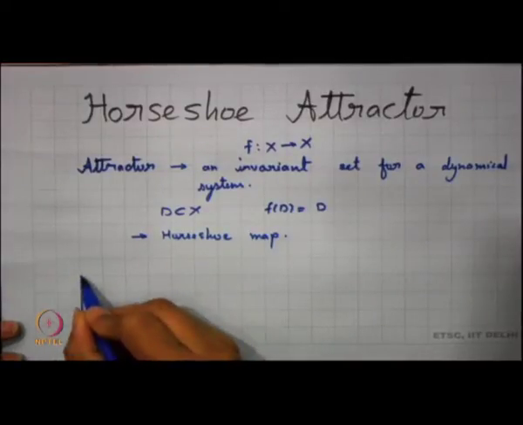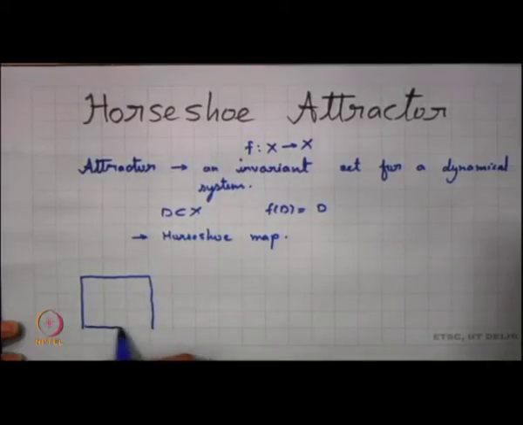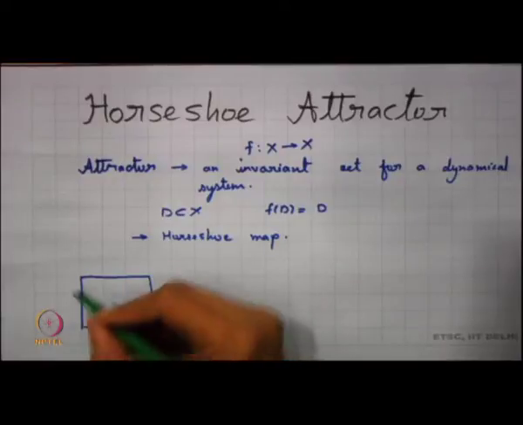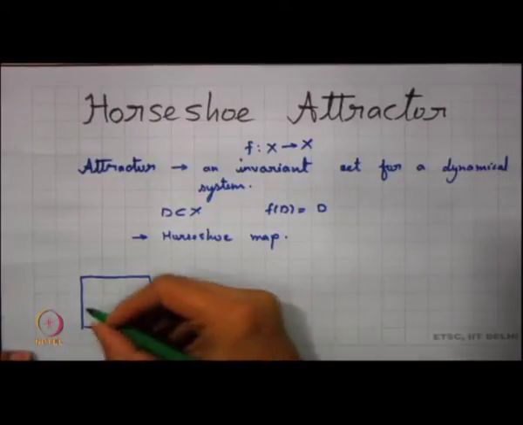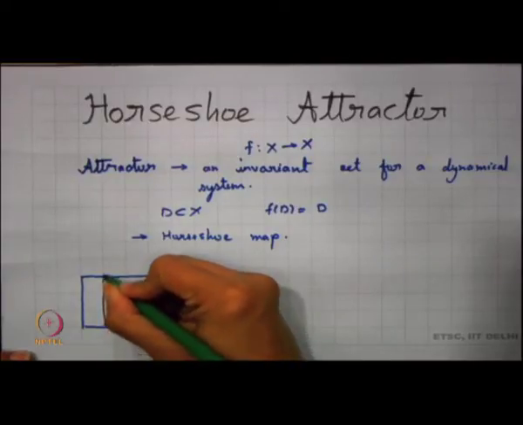You have a unit interval, and in the unit interval you take the transformation, you elongate the interval, expanding x direction, contracting y direction, expanding y direction, contracting x direction, putting it back onto itself, and what you get is something of this form.